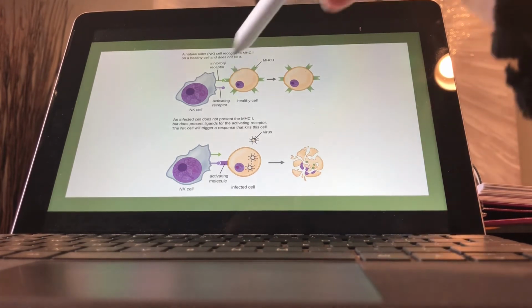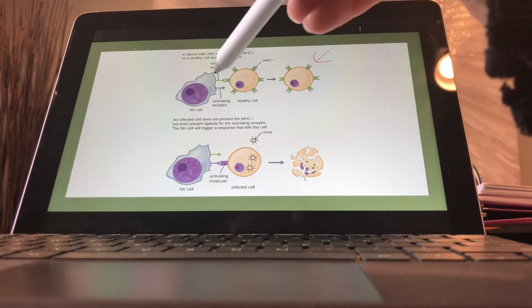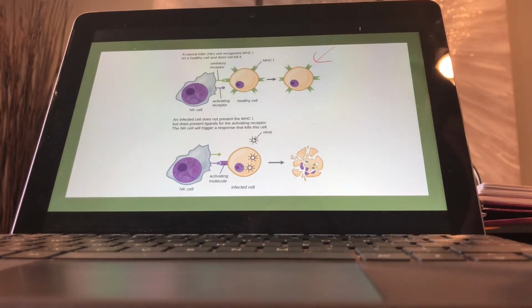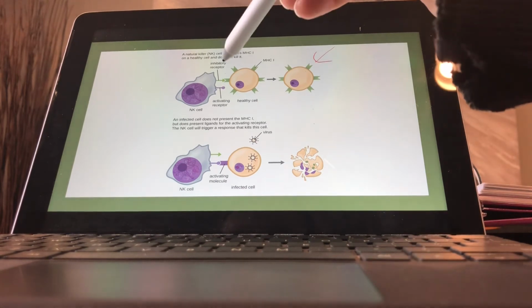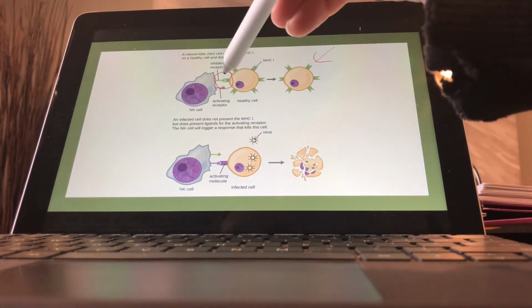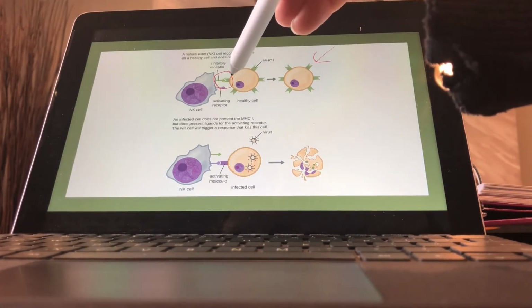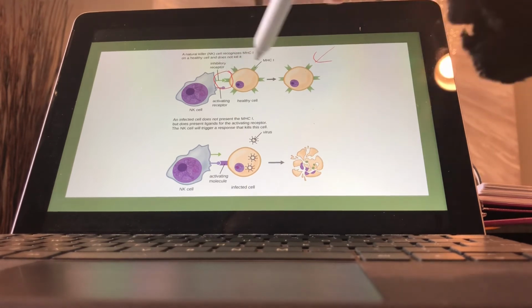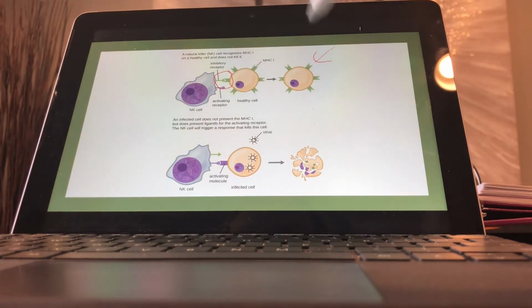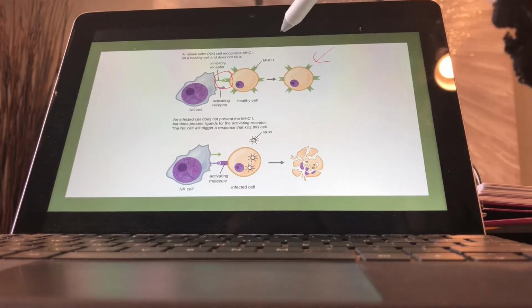Now, what they do, and this is in a normal situation, is they will come in contact with your healthy cells. And notice how, when they come in contact, as long as they can attach to the cell, that will tell the natural killer cell that this is a healthy cell and they don't need to kill it. Now, what are they actually attaching to?